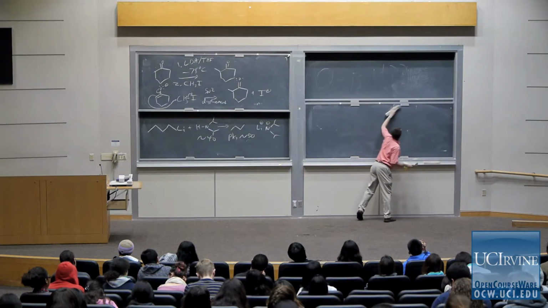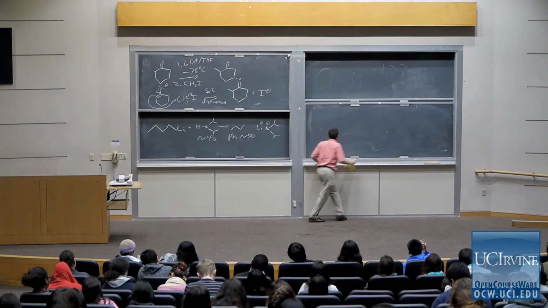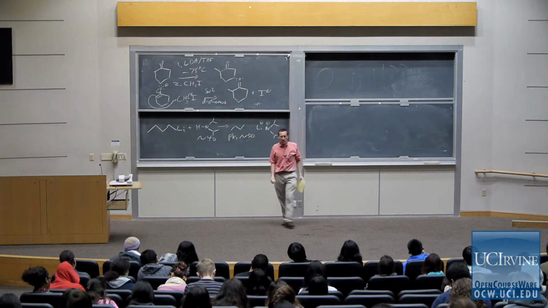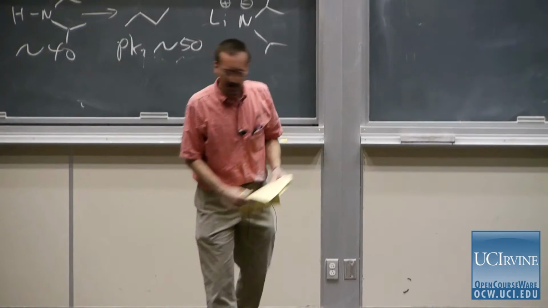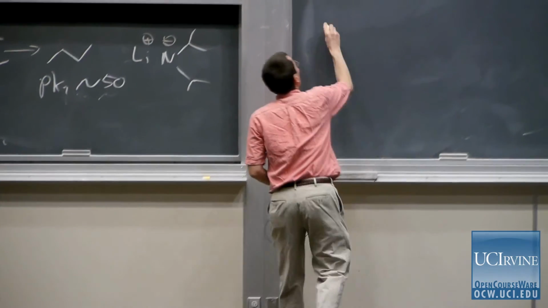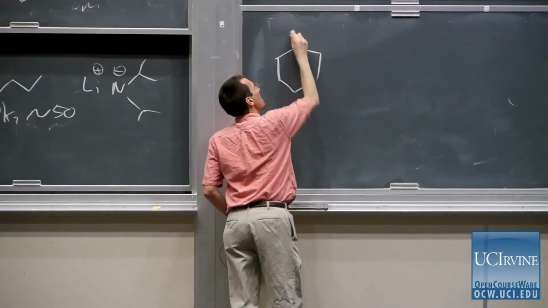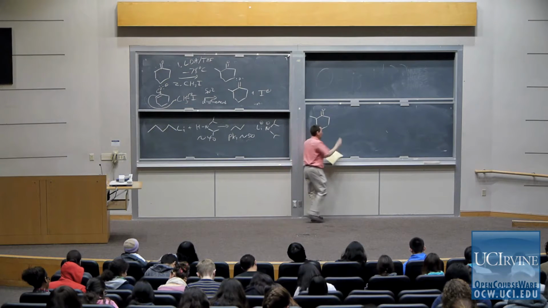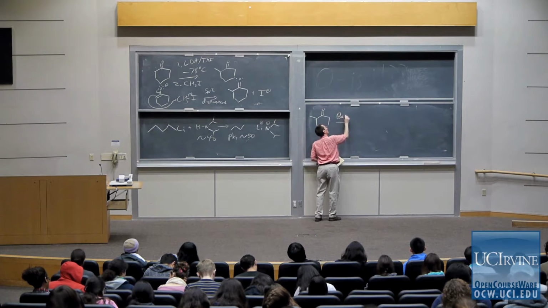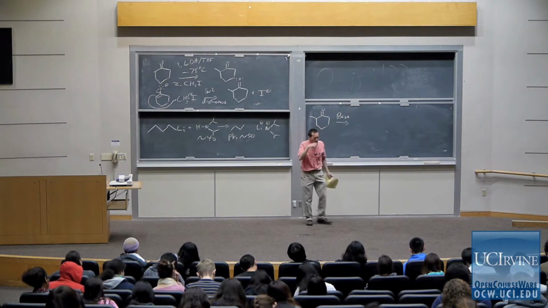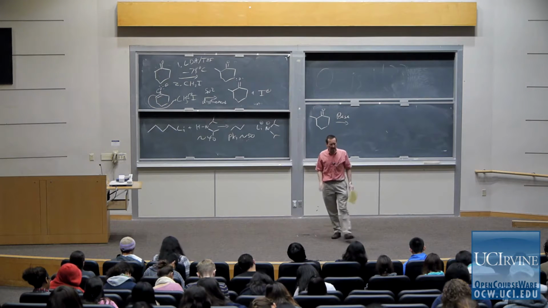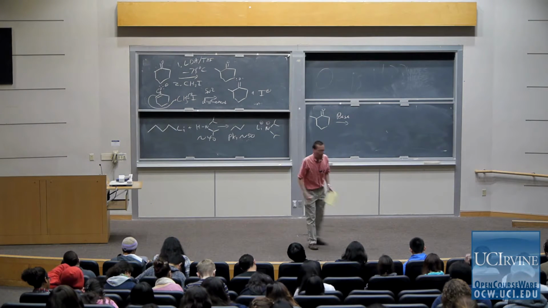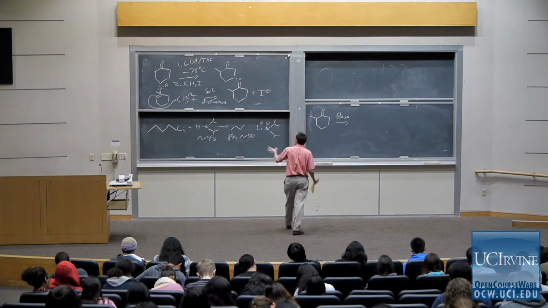All right. Let's have some fun now with variations among enolates. So let's imagine we have our methyl cyclohexanone, and we treat it with base. Now, we can get two different enolates. We've got two different types of alpha protons.